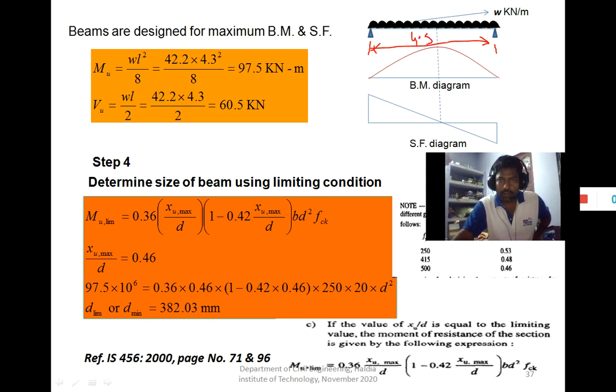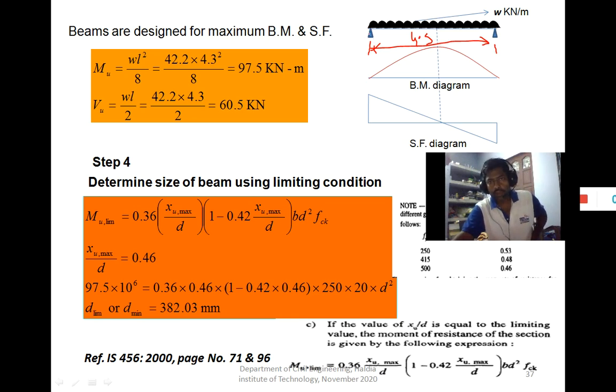Now this is the bending moment. As the UDL is applied, the bending moment varies parabolically and is maximum at mid span. After that it reduces and finally is zero at the support, because this end is hinged, so it will not resist any moment.